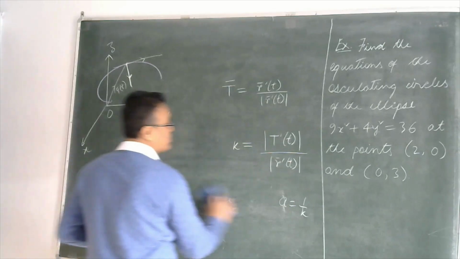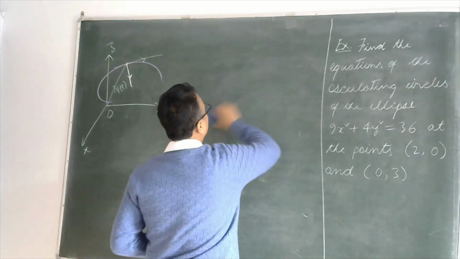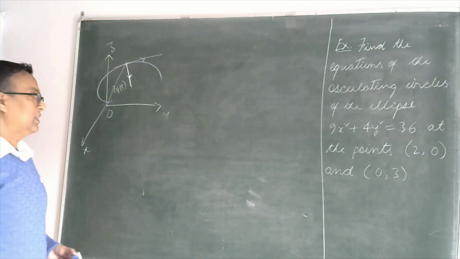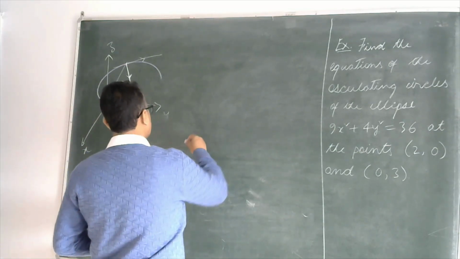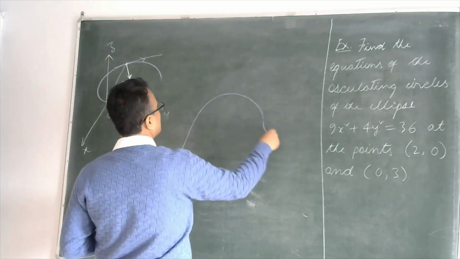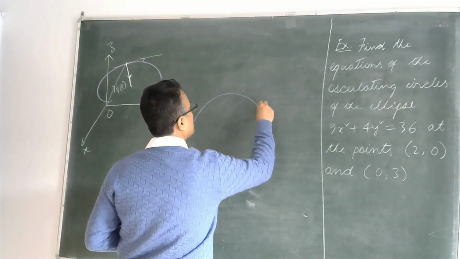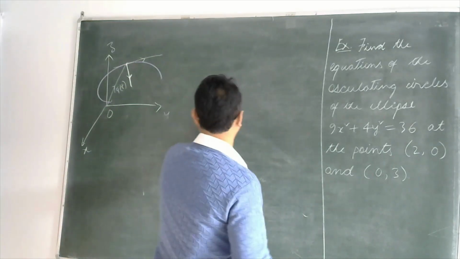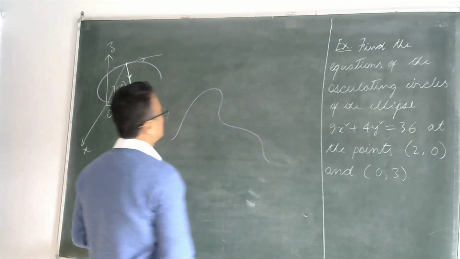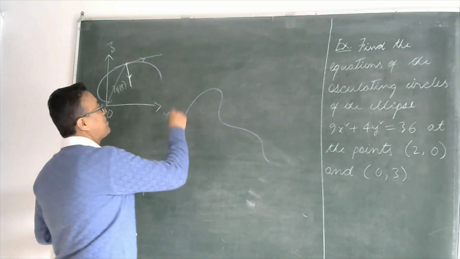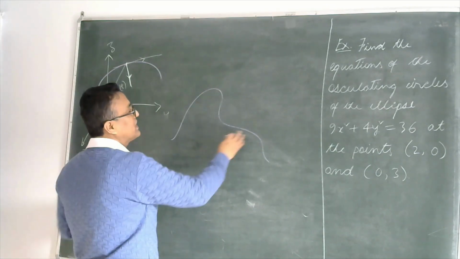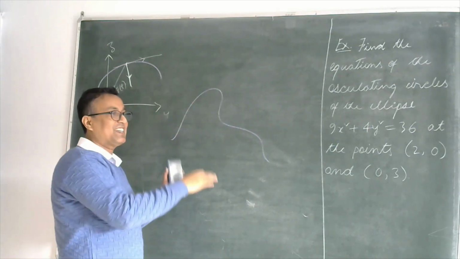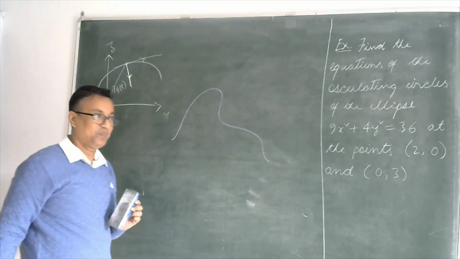Now you think about the osculating plane. Suppose this is my curve, something like this. Remember, although I have drawn it in the plane of this blackboard, it doesn't exactly lie on the plane of this blackboard.